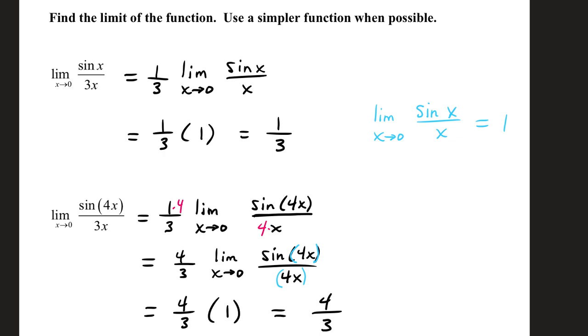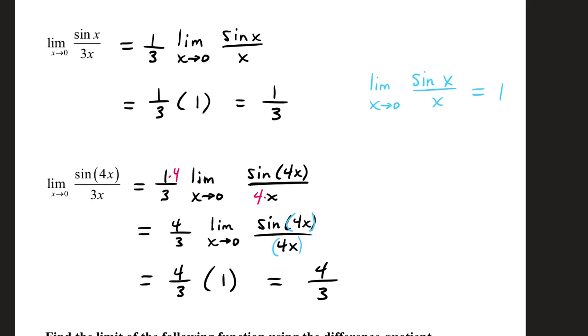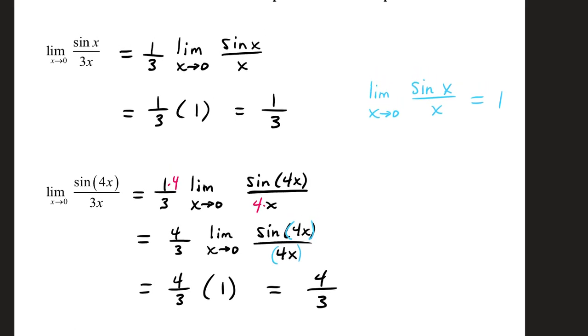In our second example, our angle and denominator don't match, but we're going to create a match. Let's pull that 3 out of the denominator again, and that's this black 1/3. That'll leave us with the sine 4x over x.